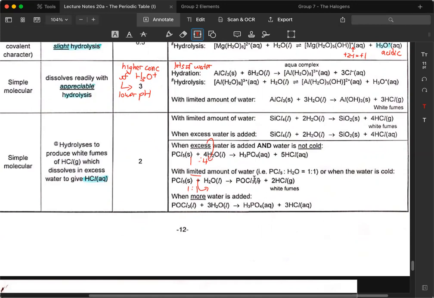With a limited amount of water, where the ratio is 1:1, and the water is cold, you will form POCl3 and white fumes of gaseous HCl instead. Of course, with more water added, you will form back H3PO4 and aqueous HCl.